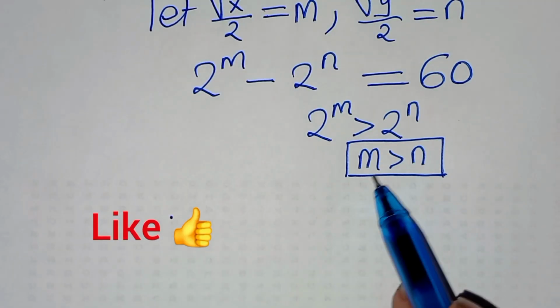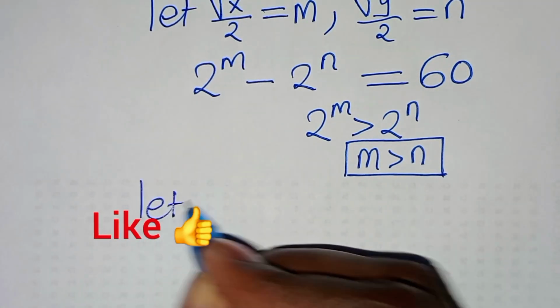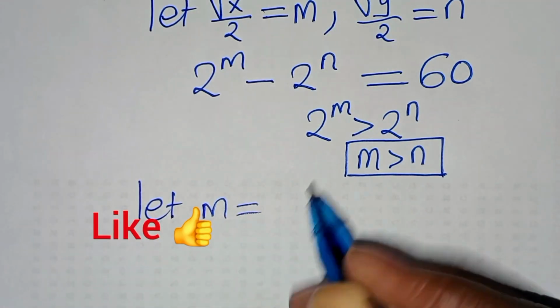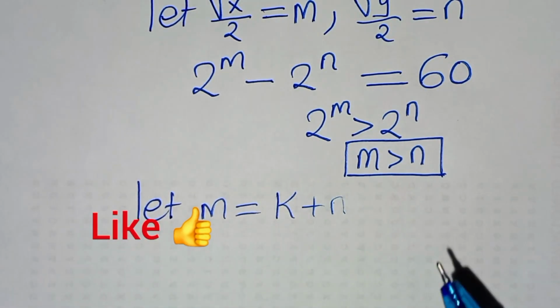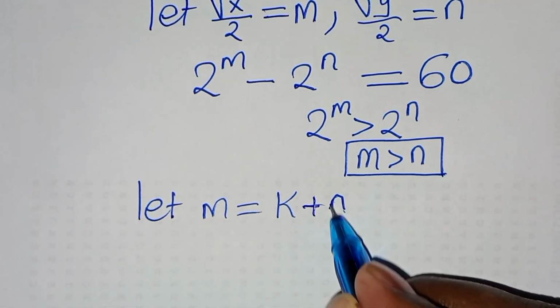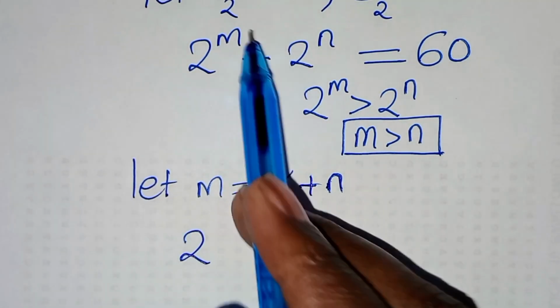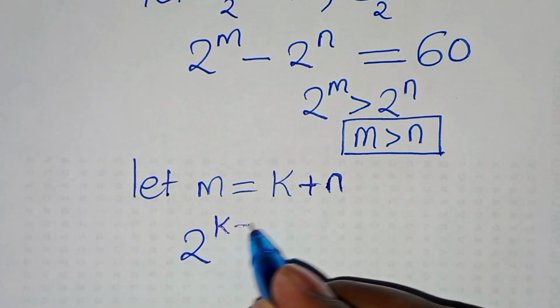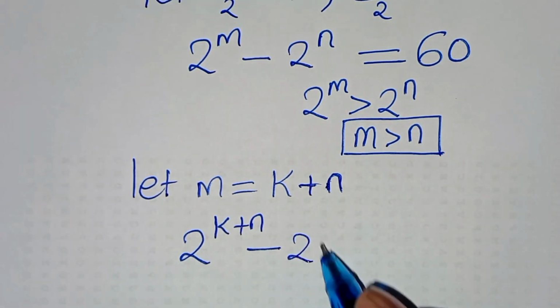The next step is that since m is greater than n, we can say that let m be equal to k plus n. Now, so that we have 2 to power m, which is k plus n, minus 2 to power n.